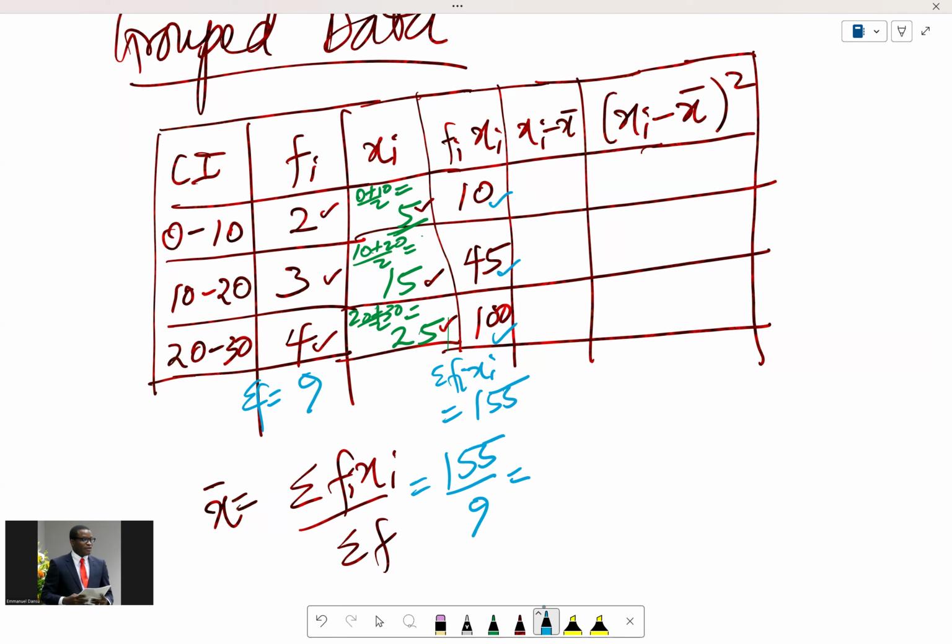So that means we are going to have 155 divided by 9 as our average. In a moment, I'm going to get that. Just a moment, please. 155 over 9 is what I'm going to get next.